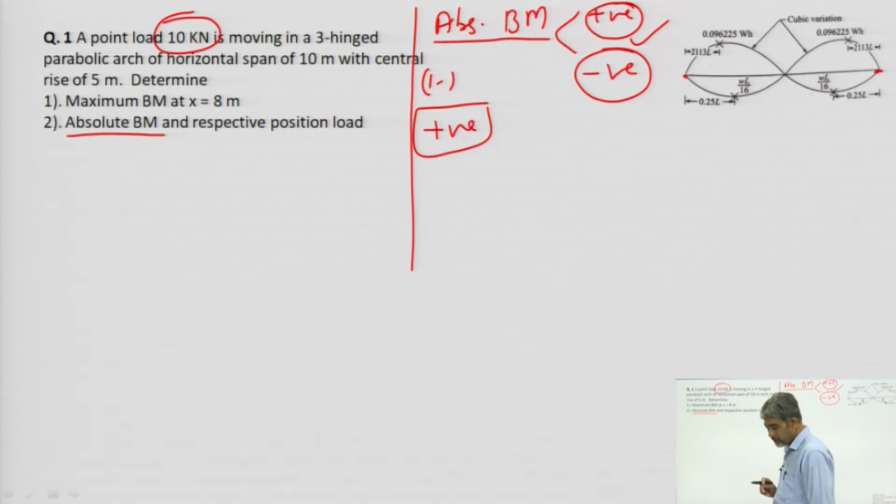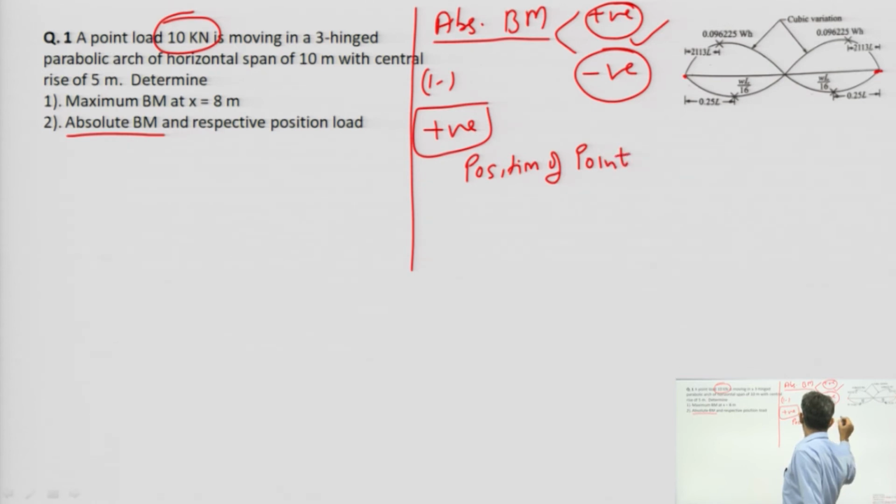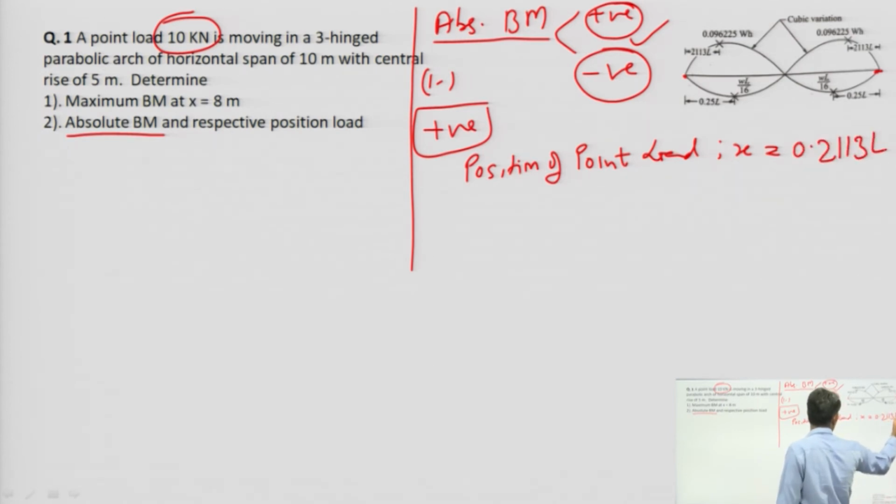We need to find first of all the position of the point load, x. When x is 0.2113 L, then we will get the maximum bending moment.